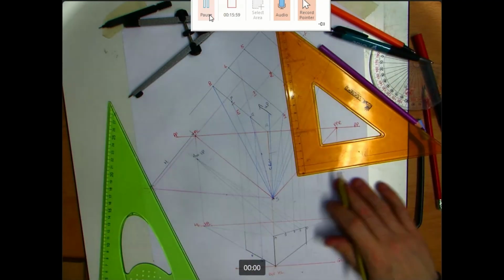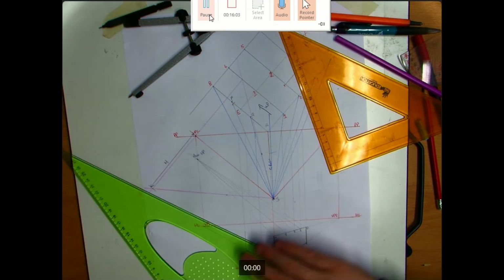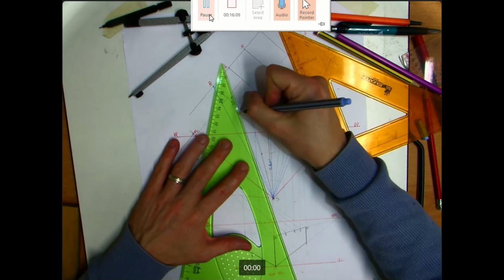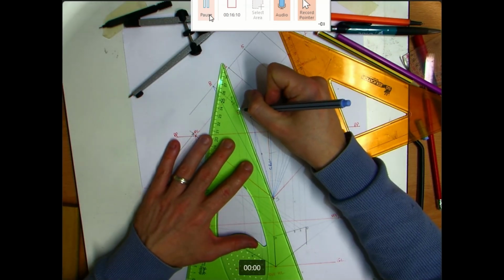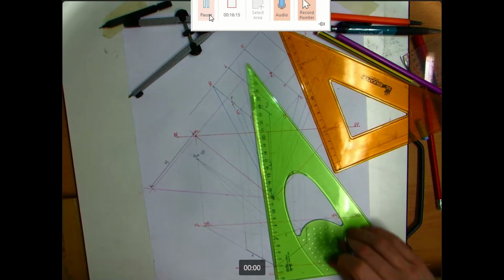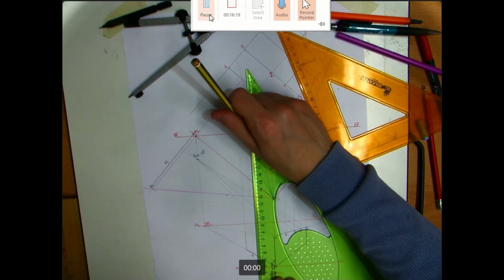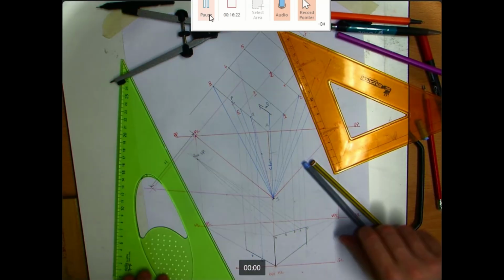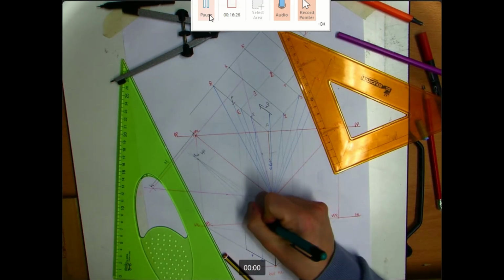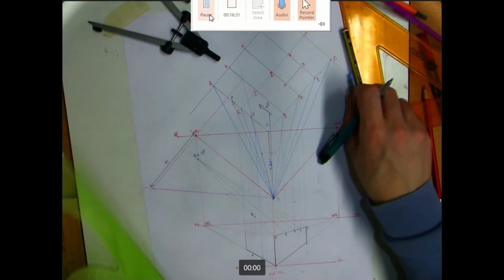Okay, and now we need to figure out where the apex of the roof is. So if I continue with my normal skill set of bringing the highest point of the roof, the apex of the roof, the ridge of the roof, labeled as point E, to the eye of the spectator, where it hits the picture plane, we bring that straight down, and where that cuts then gives us E. I can then bring that back to my vanishing point on the right hand side.